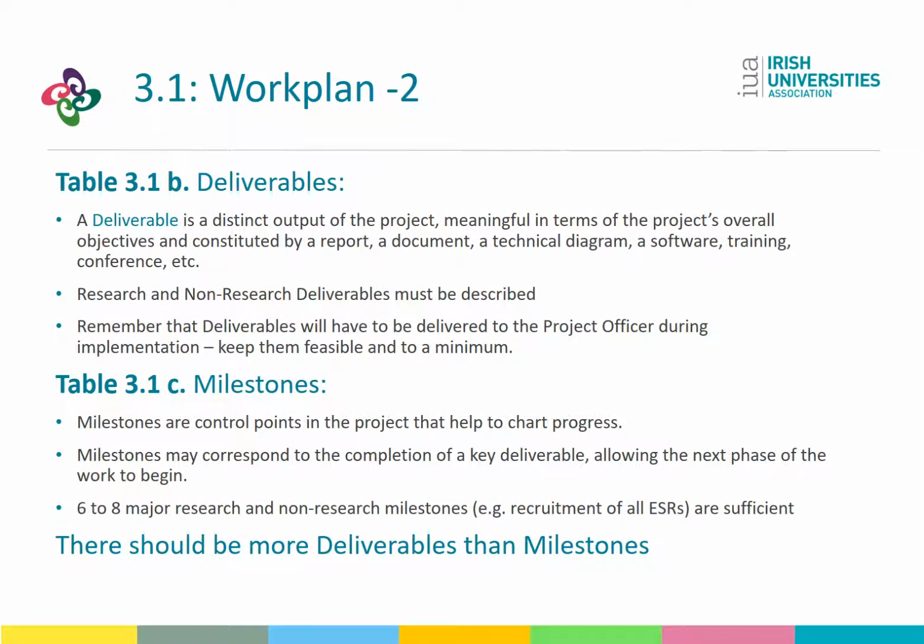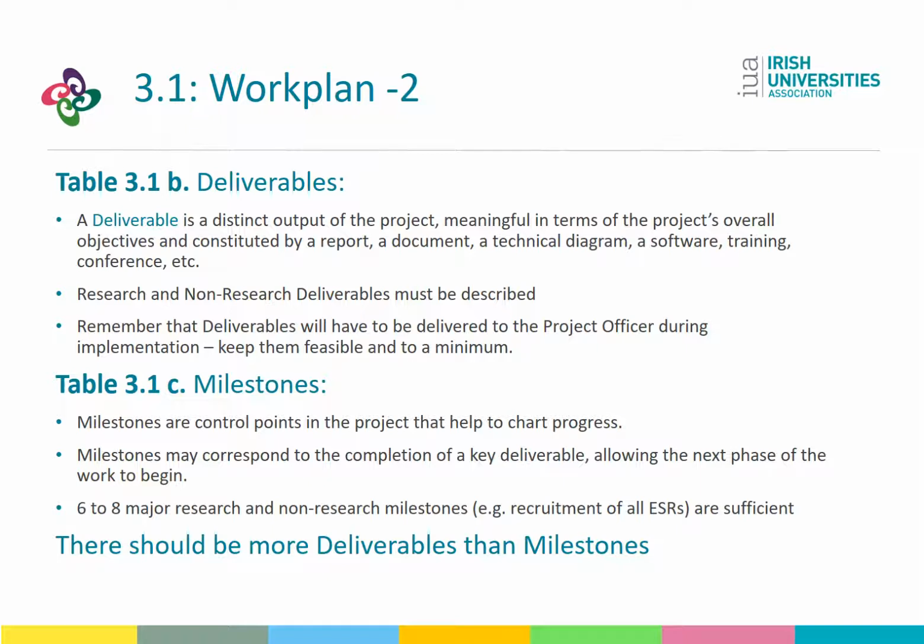The other subheadings in this section are about deliverables and milestones. Table 3.1b will be used to define the deliverables. A deliverable is a distinct output of the project, such as a report, a journal paper, a conference paper, a book chapter, a document, a technical diagram, a software, or training, which would be a document defining the training program, and so on.